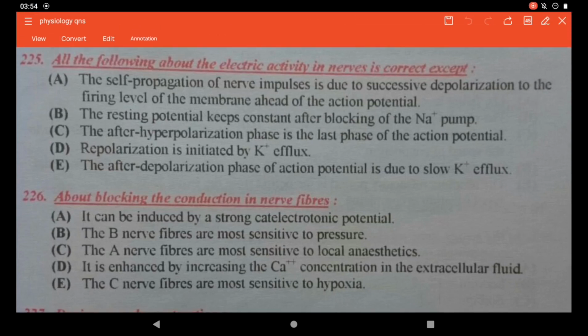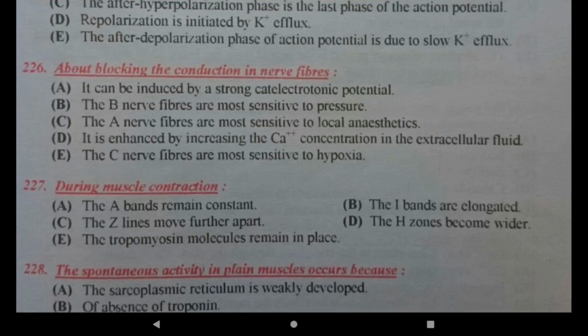We can go ahead and look at the next question about the blocking of conduction in nerve fibers. It can be induced by: A. Cathodal electrotonic potential. B. Nerve fibers are most sensitive to pressure.